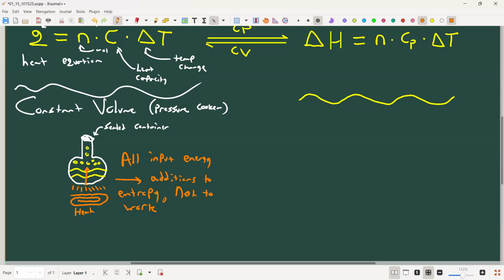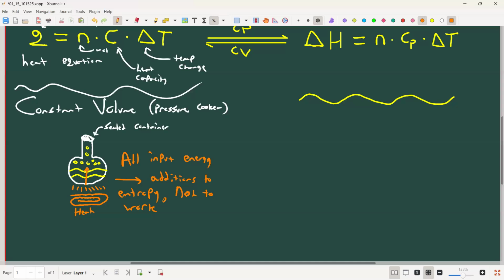If you think about entropy accounting for all of these motions, PV work is just that one expansion motion, pushing against the walls and stretching the walls. If you think about work as being that motion, there's none of that. So all of the energy that would be used for that is now just given to entropy instead. So all the random chaotic motion is the only thing that changes in the system. There's only, in some sense, one class of energy changes that occur at constant volume, and that's just entropy.